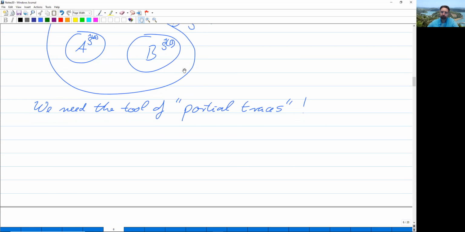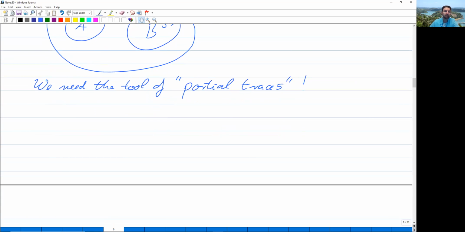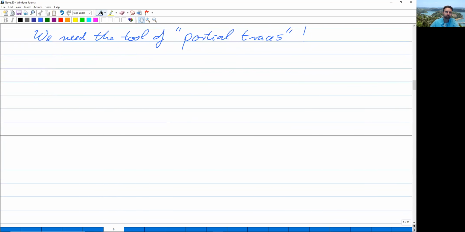Now, let's start by remembering how an ordinary trace works. Recall the usual trace.